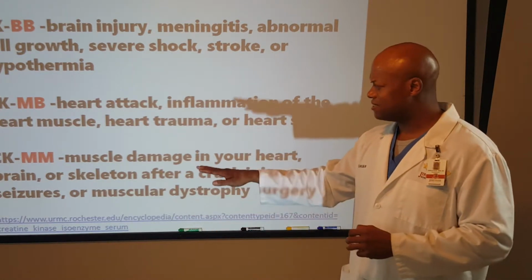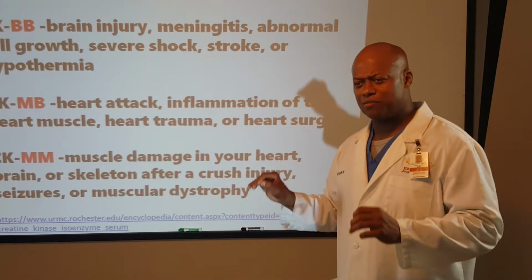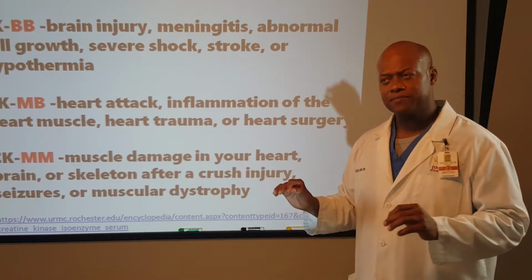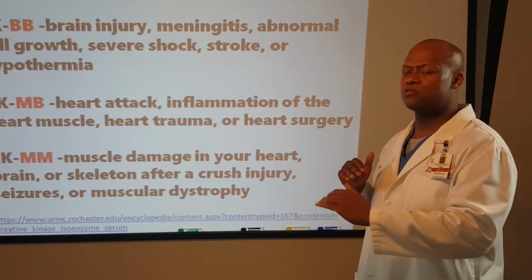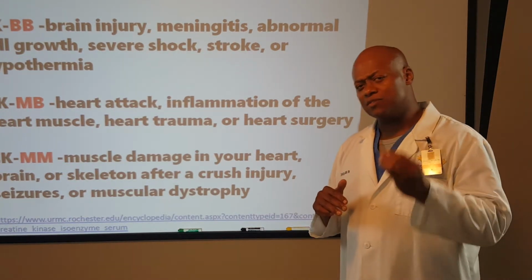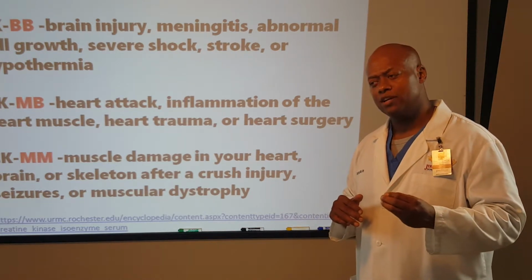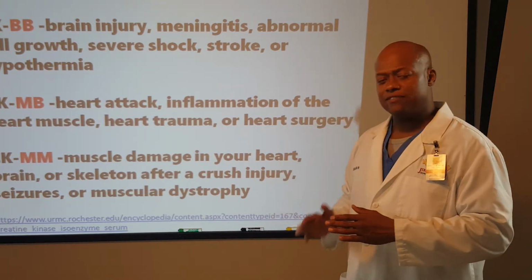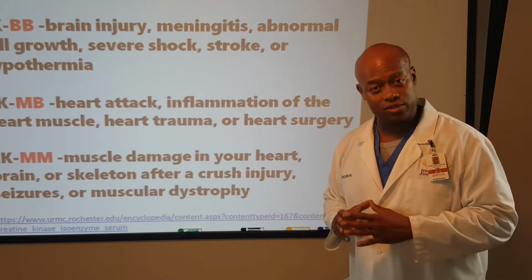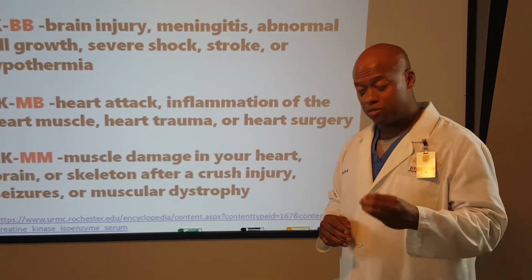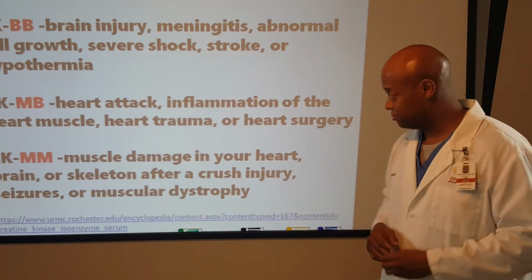And in the past, we kind of relied on the CKMB exclusively. But it wasn't the most accurate study to determine if the patient had a heart attack or a myocardial infarction. So years after that, troponin was developed. And that has proven to be a much more reliable study, okay?